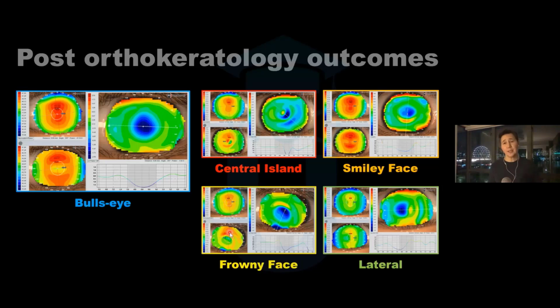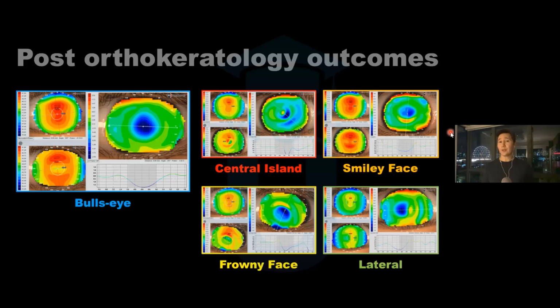What I mean by that is, if you look at the smiley face and the frowny face, they create central flattening. So they create myopic reduction. They usually provide the patient with very good vision in the AM. But in the PM, that smile in the smiley face or that frown in the frowny face that's inside the pupil can create increased coma and higher order aberrations.